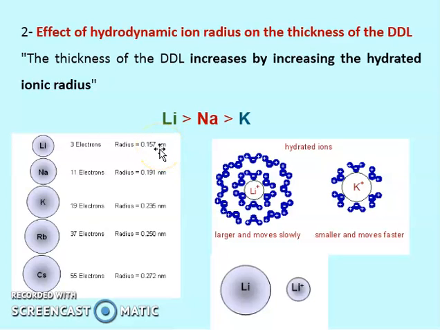Now we finalize the distinction between hydrated ion radius and ion radius. Here potassium has a higher ion radius while a lower hydrated ion radius, and in contrast lithium.